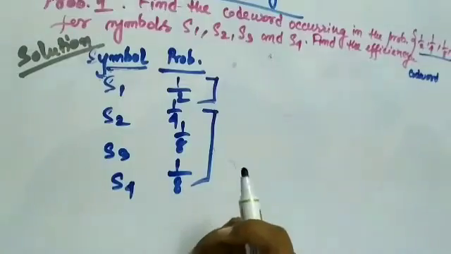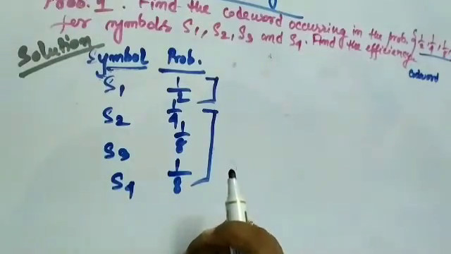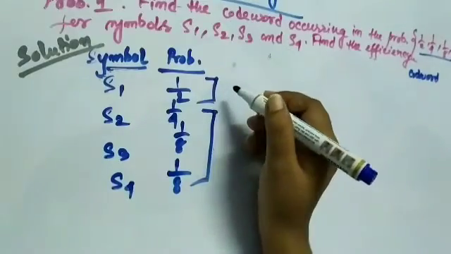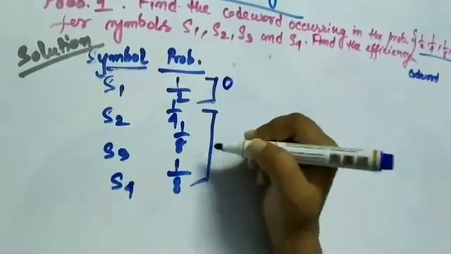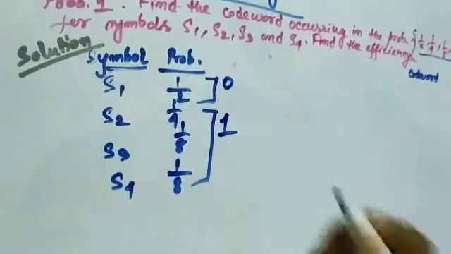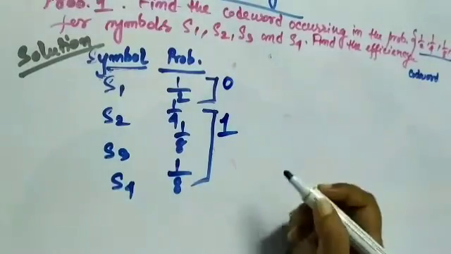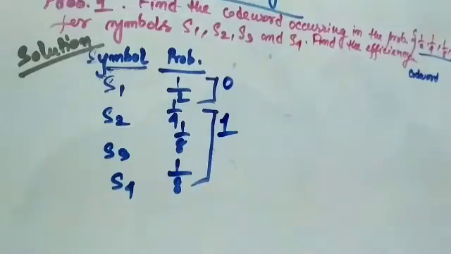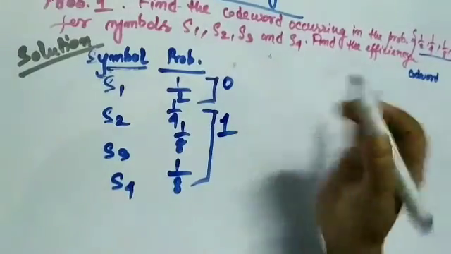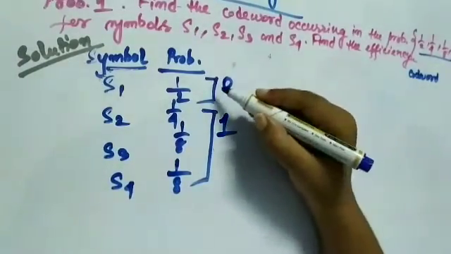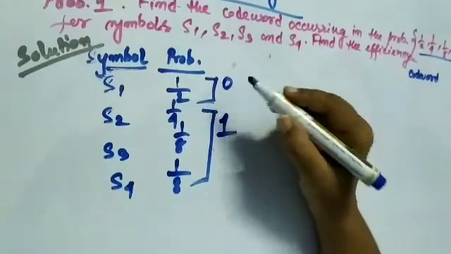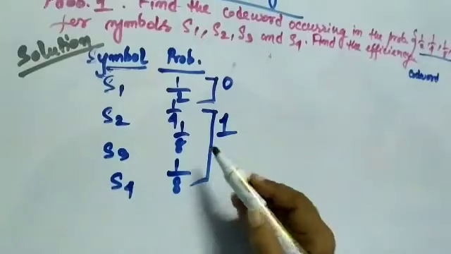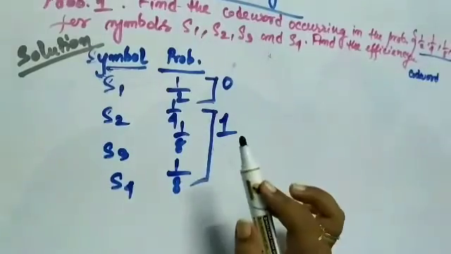Then we denote the uppermost bit as 0 and 1. Now this set is already separated because this set only contains one message bit, but under this set there are 3 bits.